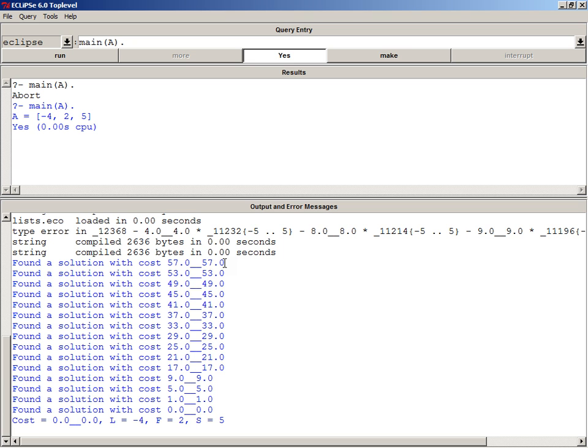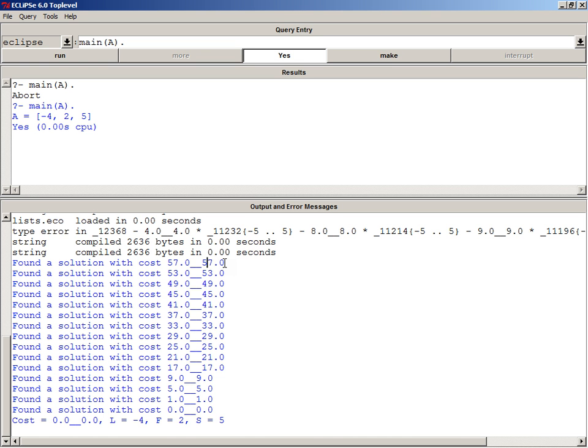We cannot guarantee that, but in general, every time we add more information to the system, that information can propagate and result in shrinking the bounds of the variables, and that reduces the search space quite dramatically. So what happens from now on, because the constraint has been injected, is that no solution with a cost larger than 57 will ever be found.